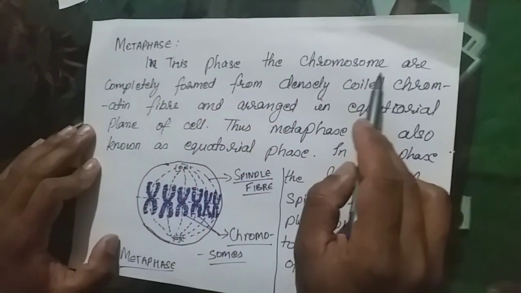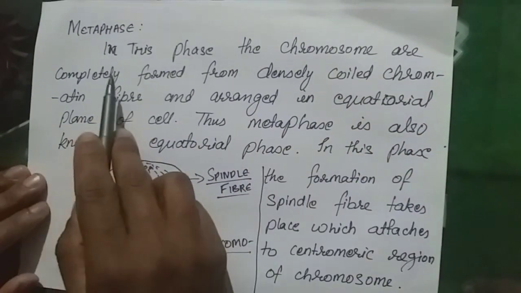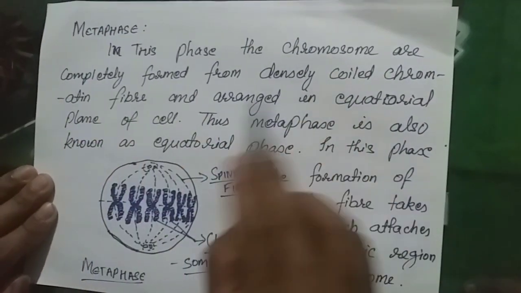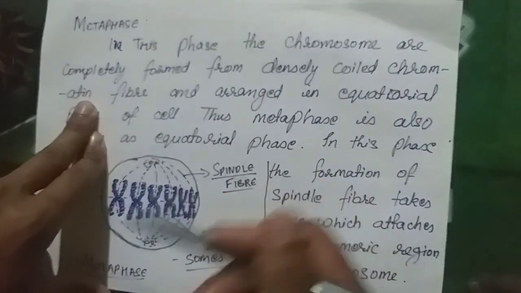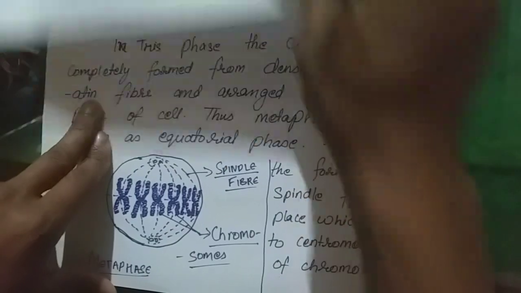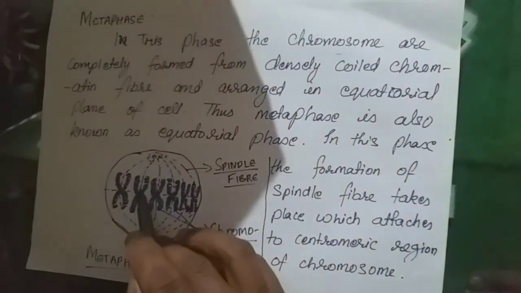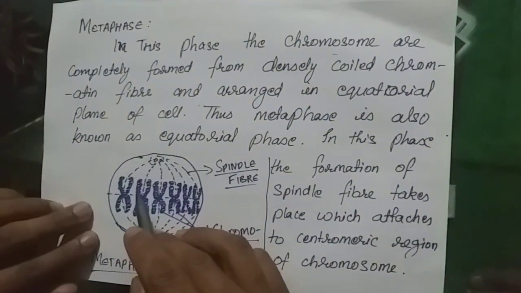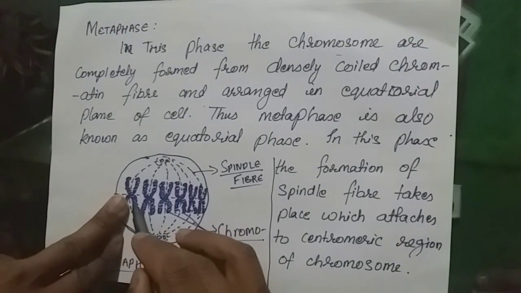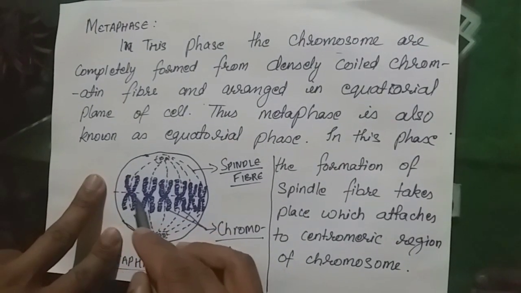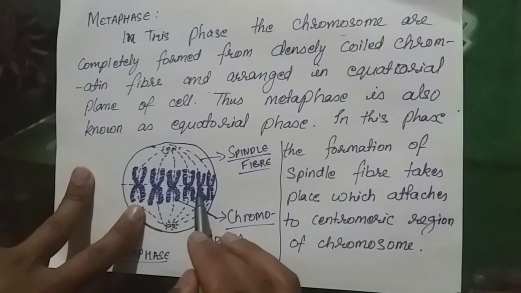In this phase, the chromosomes are completely formed from densely coiled chromatin fiber. The chromatin fiber, which was coiling up during the late prophase stage, has now densely coiled up to form an X-like structure known as a chromosome, and all the chromosomes have assembled in the equatorial plane.